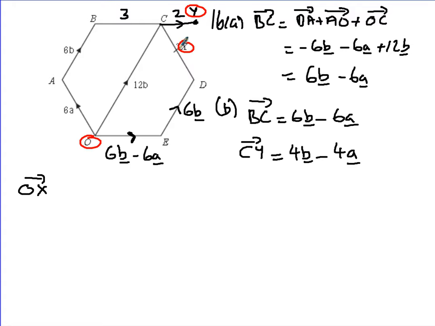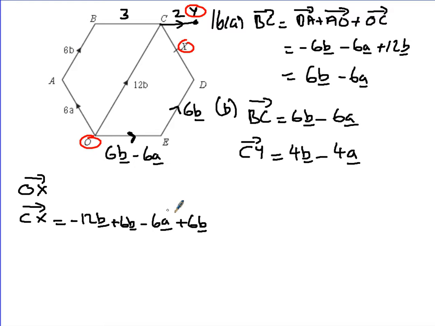So for OX, let's work out what CX first of all is. So CX is going to be minus 12B, work it around this way, plus 6B minus 6A, plus 6B.